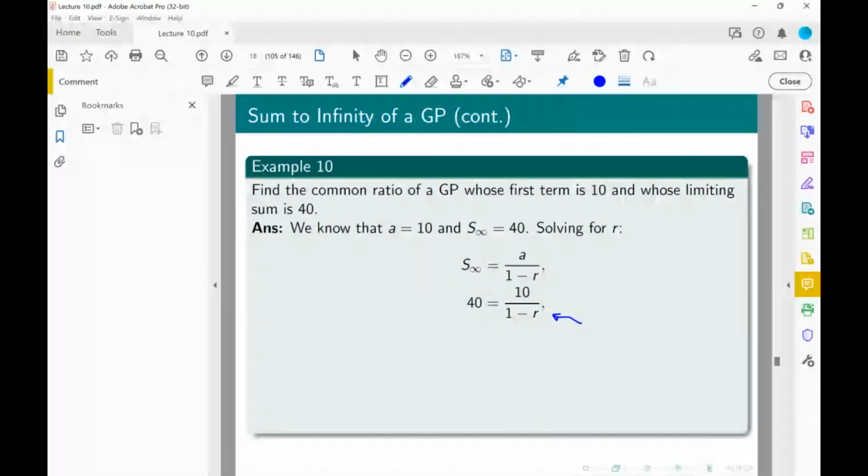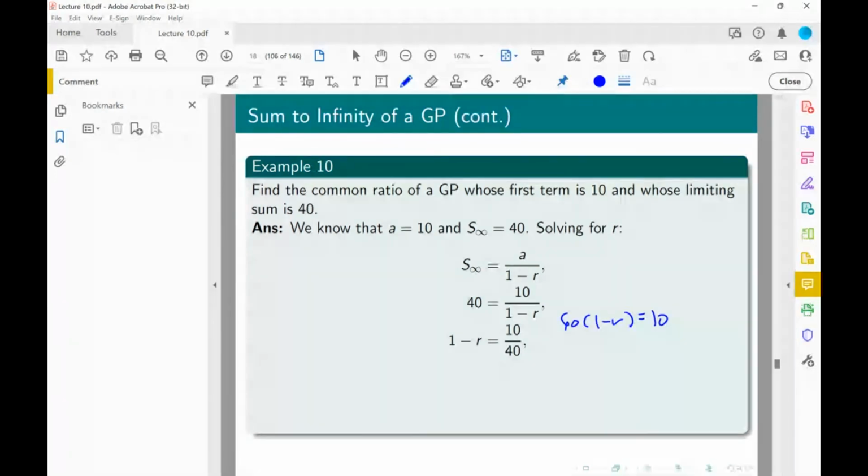Well, I would note that it's on the bottom, so I'd probably multiply by 1 minus R, so this entire denominator, put that at the top. In fact, we can switch roles here, right? So multiply by 1 minus R, divide by 40. Maybe we should put the extra step in, so that's 40 times 1 minus R is 10. Divide by 40 would give us 1 minus R is 10 on 40, i.e. a quarter. So what do we think R is going to be equal to?